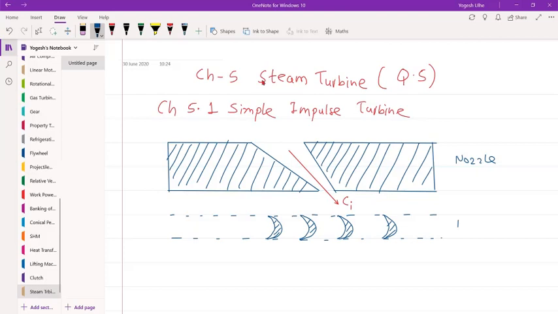Steam leaves the nozzle and strikes this moving blade row. Okay, are you getting my point, guys? Yes, sir.